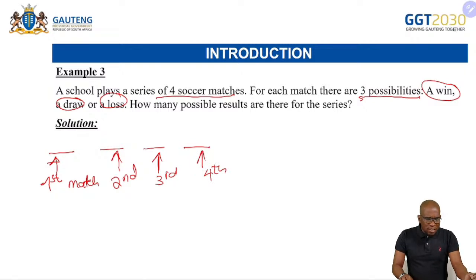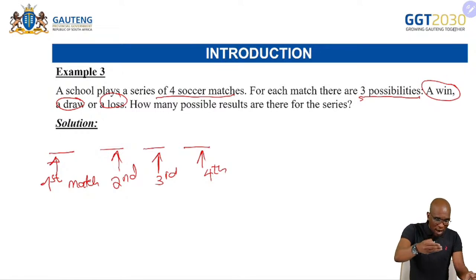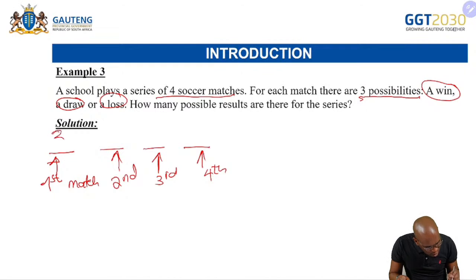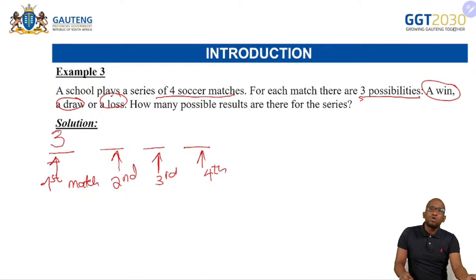Now, we are interested in finding the number of options that I have of occupying the first position or the first match. How many options do I have? Obviously, we said we had 3 possibilities: a win, a loss, or a draw. So for the first match, there can be a win, a loss, or a draw.